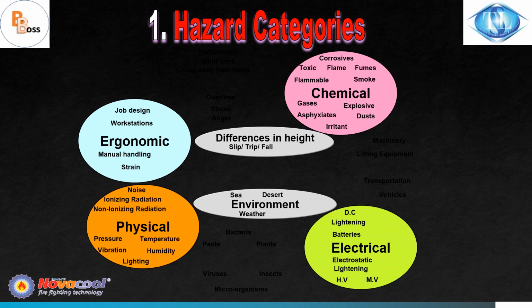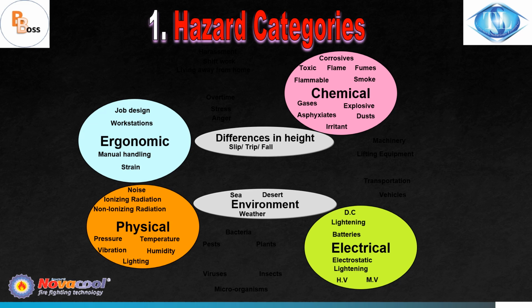Electrical, so items related to the use of electrical energy, and that will include AC current and DC current, and it will include lightning. Lightning has millions of volts, too much energy.